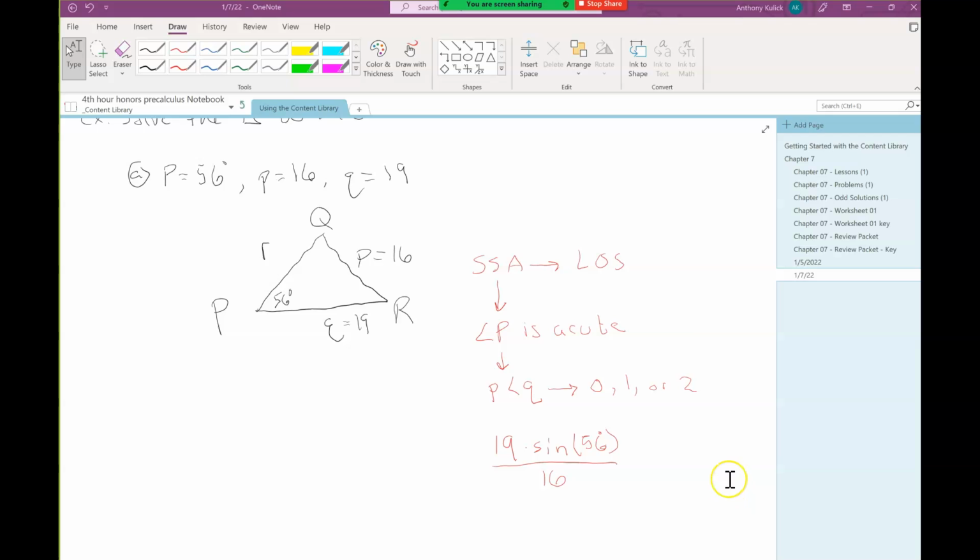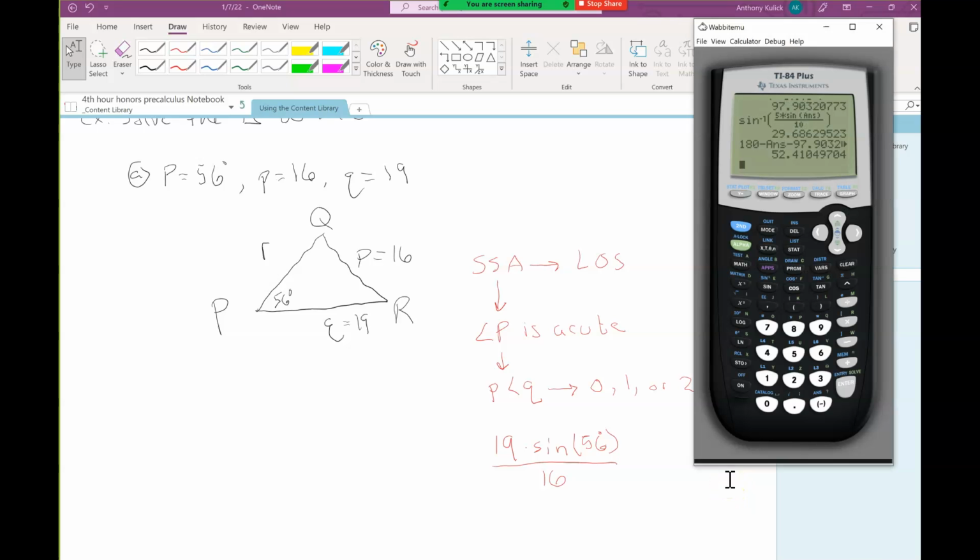Let's pound that through our calculator. As a quick reminder, what mode should my calculator be in to do this? Degrees. How do I know degrees? Because the angles in the problem are given as degrees. When I do that, I get 0.984.